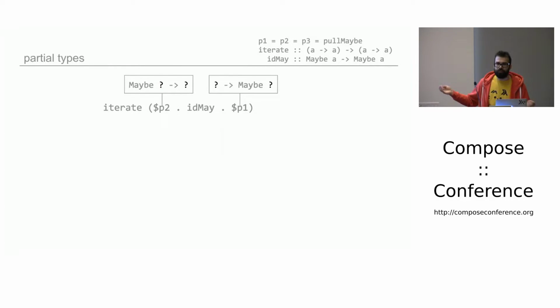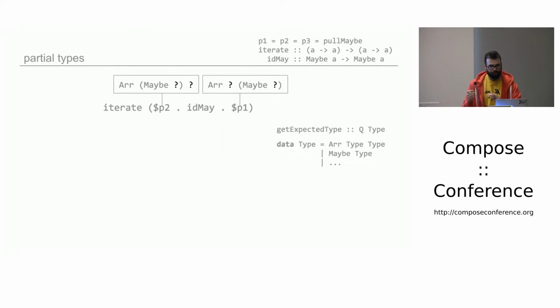And that's all we know so far. The type of iterate doesn't really tell us much more information. This is all the information we have, and unfortunately, it's not enough, because we don't have a concrete type for either $p1 nor $p2. We have this partial type that still has those question marks inside it. And those question marks are the unification variables that you create with the fresh action, if you remember this morning's presentation by Kini.